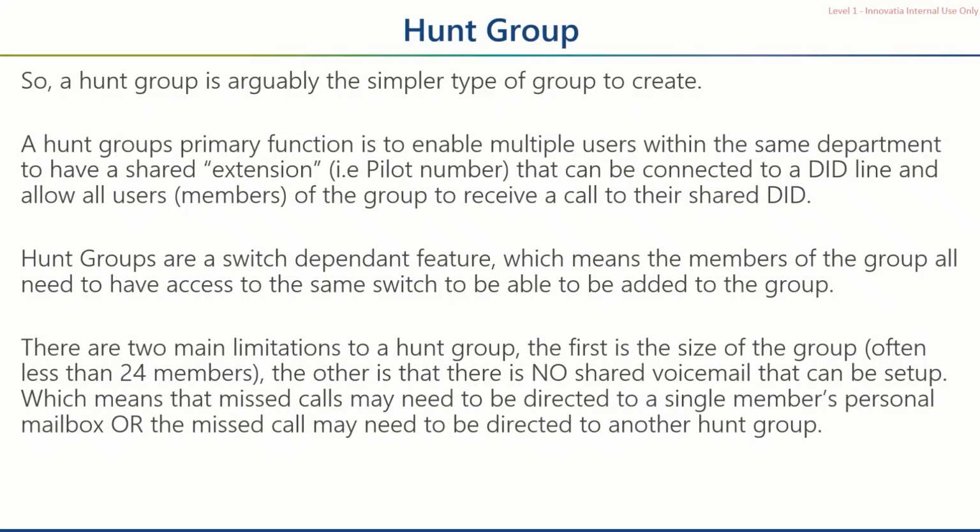I will also add that if a hunt group isn't attached to a DID, it is still going to be reachable internally. You would just have to dial the group's shared extension number or pilot number.